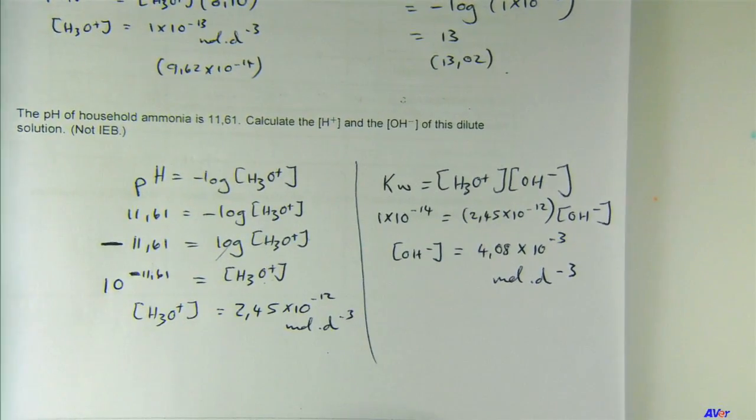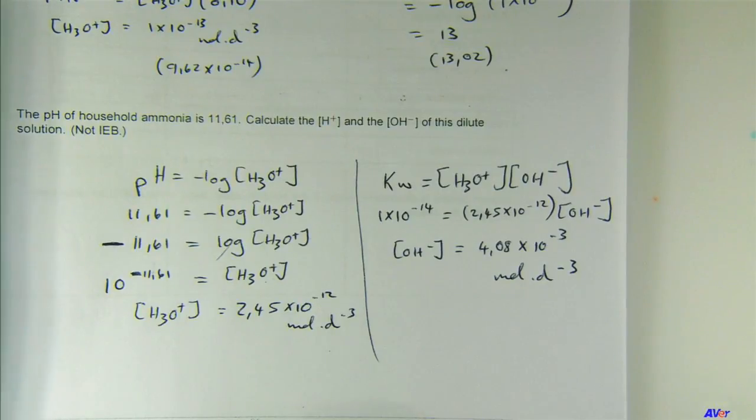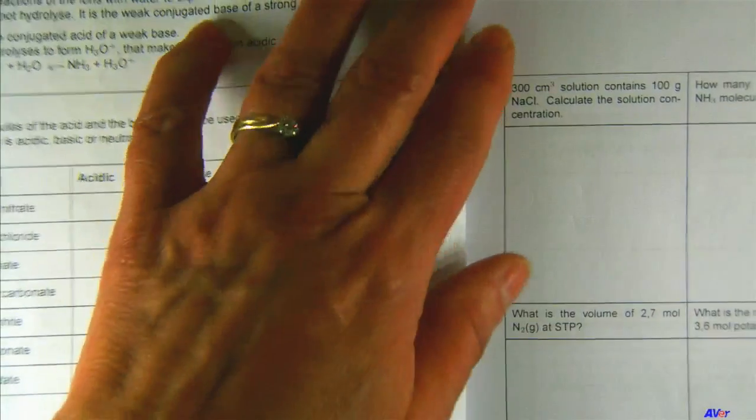What we still have to do today, the very last part of acids and bases, is hydrolysis. And that is on the very last page there of acids. We are going to look at hydrolysis.